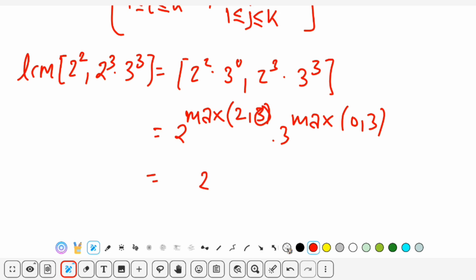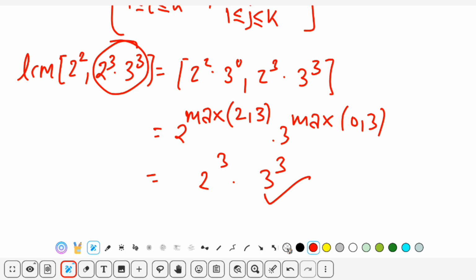The maximum is this 3, so 2 to the power 3 times 3 to the power 3. And you can also check that 2 to the power 2 divides this number completely, leaving remainder 0, and 2 to the power 3 times 3 to the power 3 divides this number completely, leaving the same remainder 0.